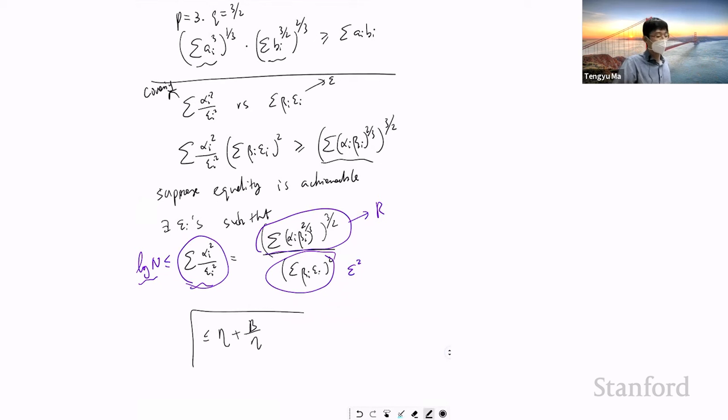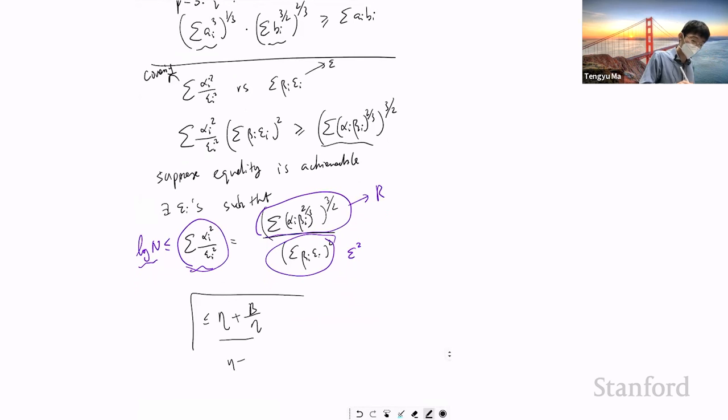That's fine. But my way to do it is that I just prove that eta plus b over eta is larger than 2 times square root of b. This is Cauchy-Schwarz or AM-GM, whatever you call it. And this inequality is achievable, right? You can attain the equality.